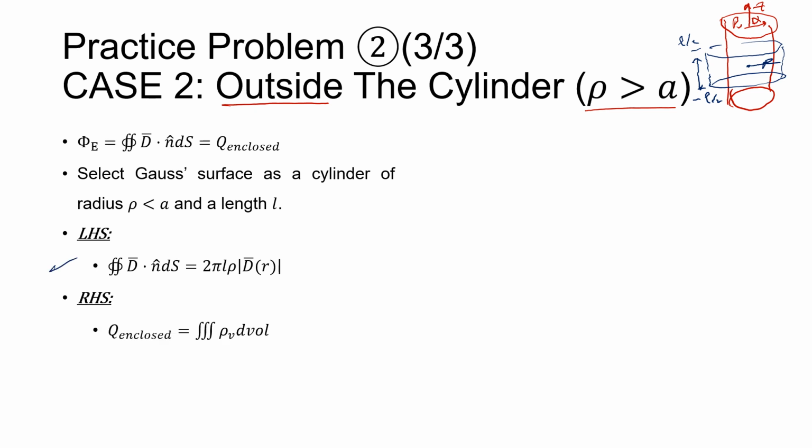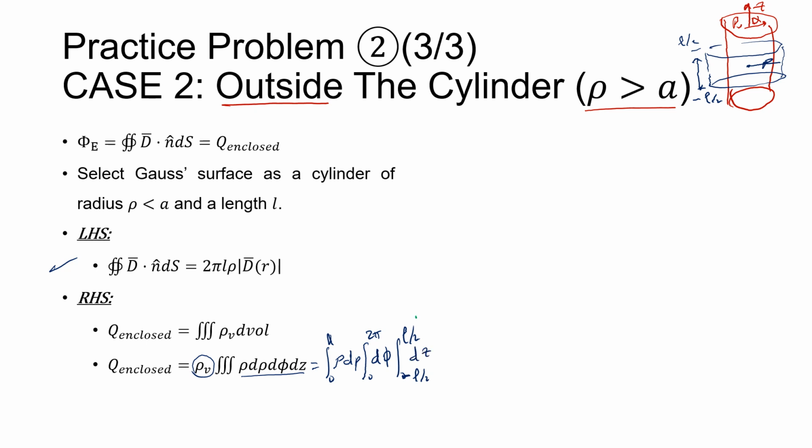And for the right hand side of Gauss's law, you need to calculate the charge. Rho v is constant, so we take it outside, and substitute with d volume. This will reduce to 0 up to a for rho d rho, 0 to 2 pi for d phi, and minus L over 2 to L over 2 for dz.